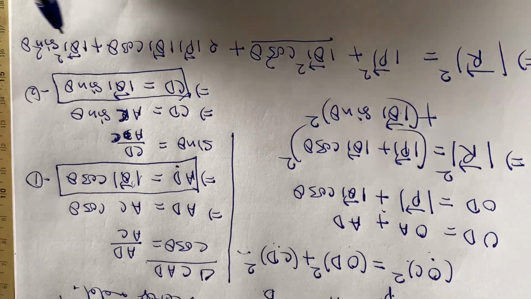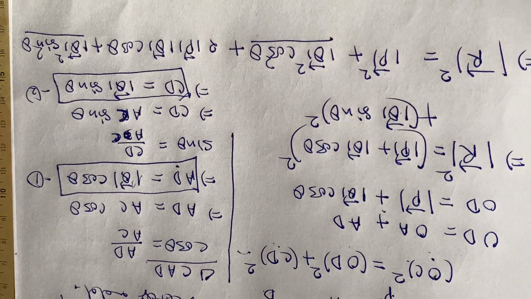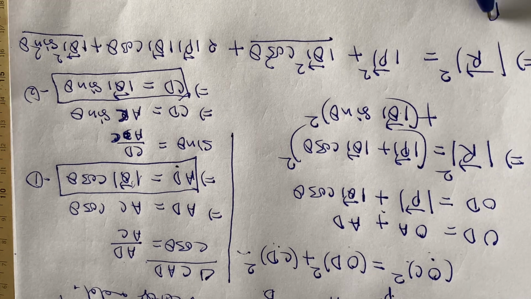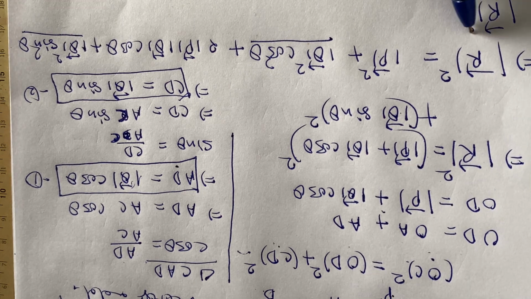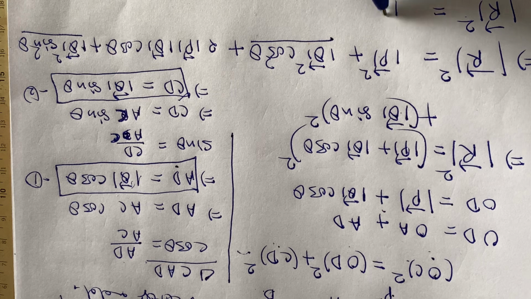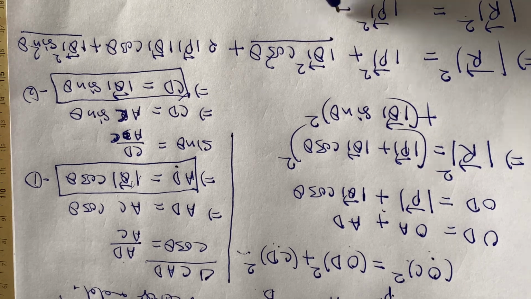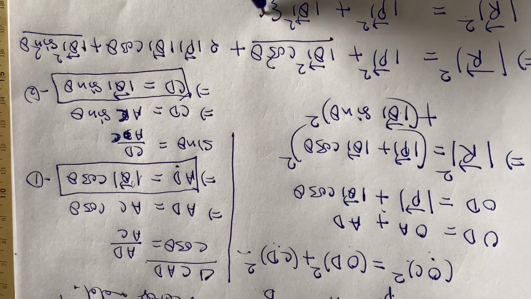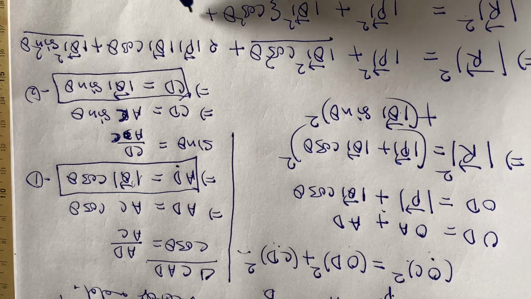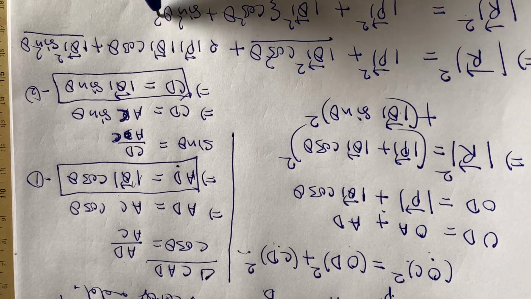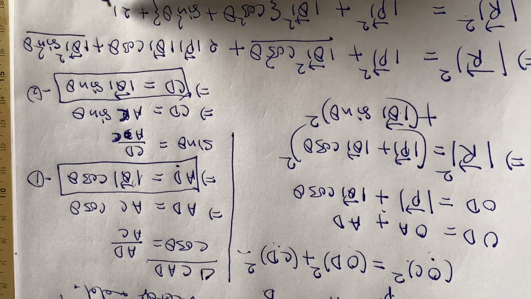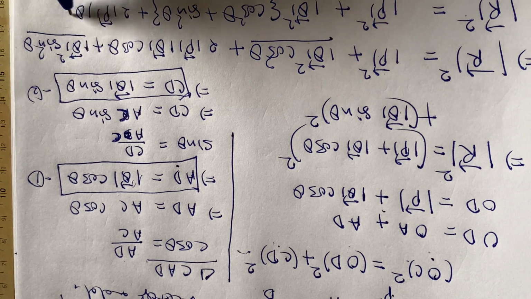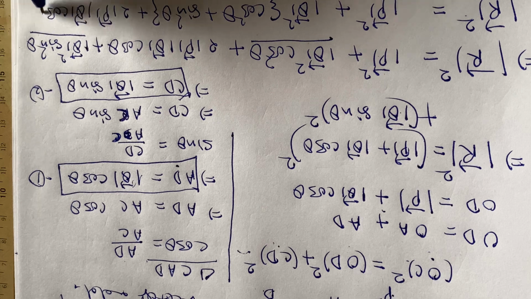If we take Q square common, the magnitude of R square is equal to P square plus Q square, with Q square magnitude common, it is cos square theta plus sine square theta, which is going to be 1, plus 2 times mod P mod Q cos theta.